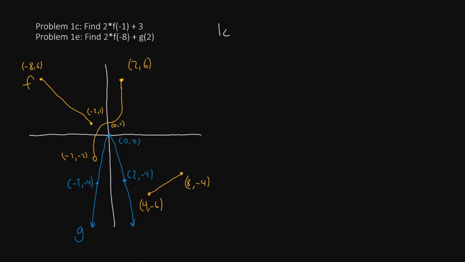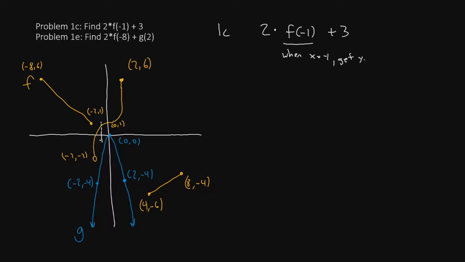Problem 1C says find 2 times f(-1) plus 3. The f(-1) means that when x is -1, find the y. -1 would be located about here on the graph. It's a little difficult to read the y value here, so we may not be perfectly exact, but it's definitely between 0 and 2.